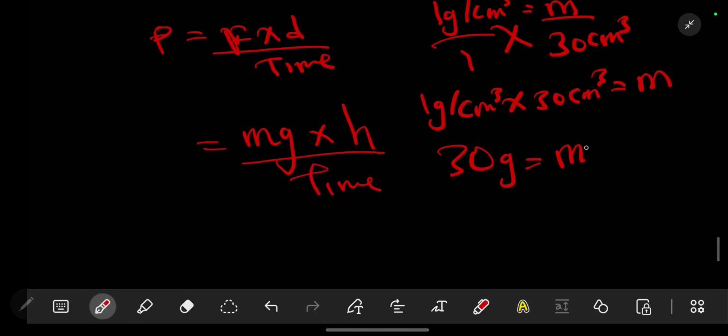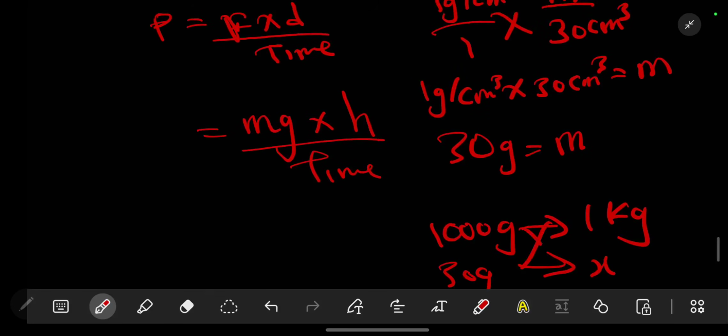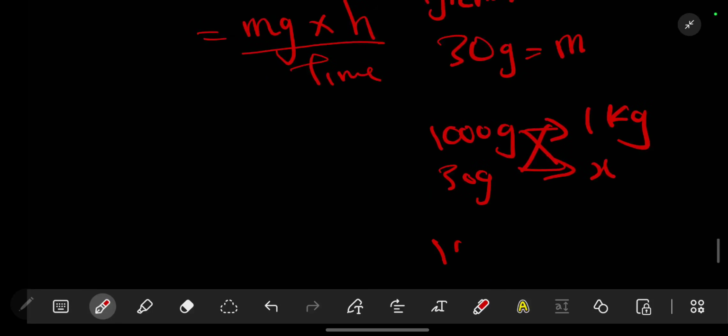Convert this from grams to kg. 1000 grams is equal to 1 kg. And how about 30 grams? It is equal to x. You cross multiply, so it will be 1000 x is equal to 30 grams by 1 kg.